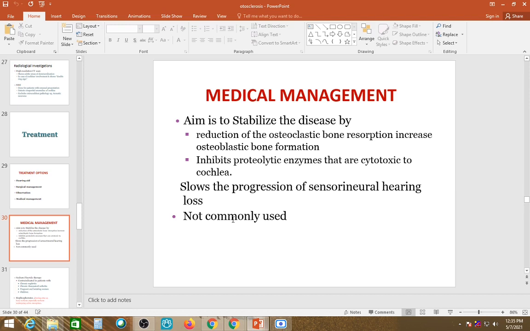So we want to minimize the abnormal growth of the bone and inhibit proteolytic enzymes that are cytotoxic to the cochlea. Then it slows the progression of sensorineural hearing loss. It's not commonly used.